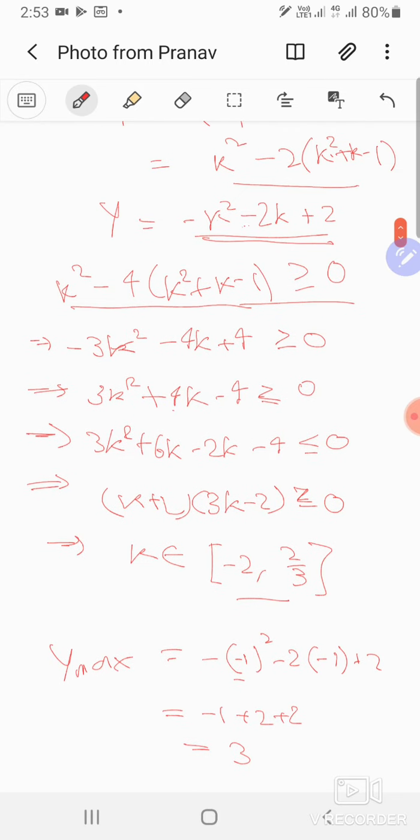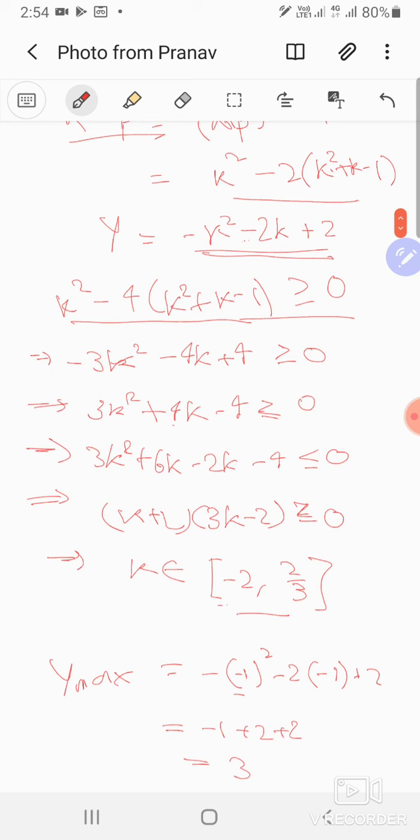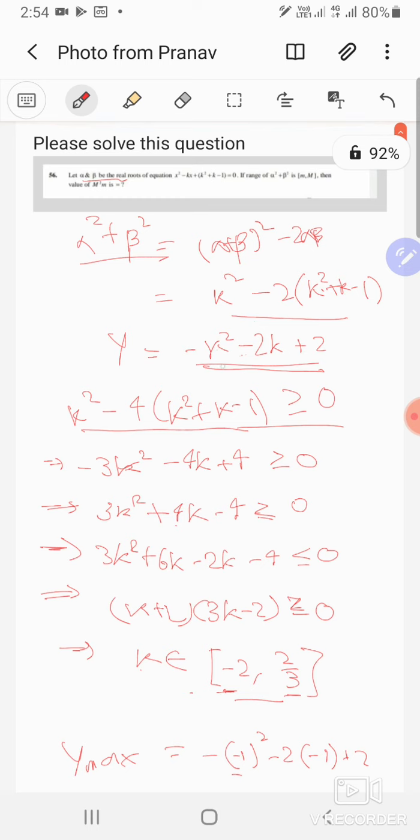What is the minimum value? Before saying that the minimum value is 0 using this thing, we can also check what happens at these critical points, because we know that this value of k cannot go less than minus 2 or greater than 2 by 3. If we are getting this as 0 for some value of k which is less than minus 2 or greater than 2 by 3, well, that's not correct.